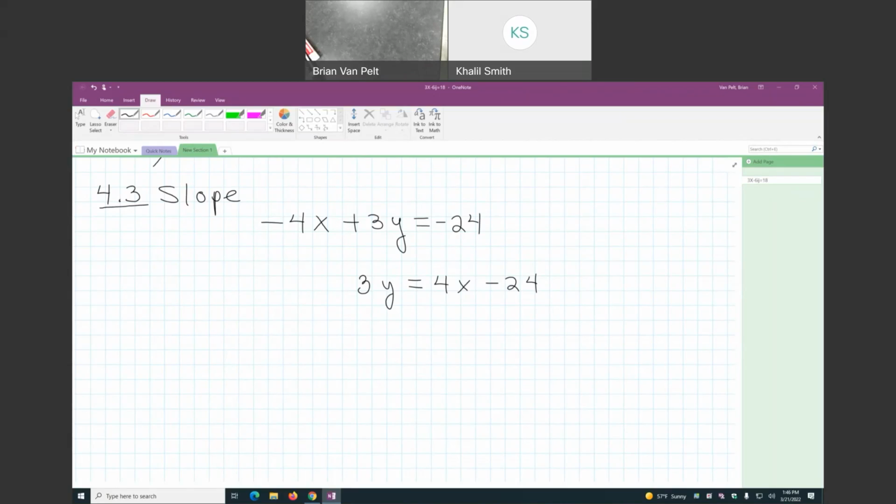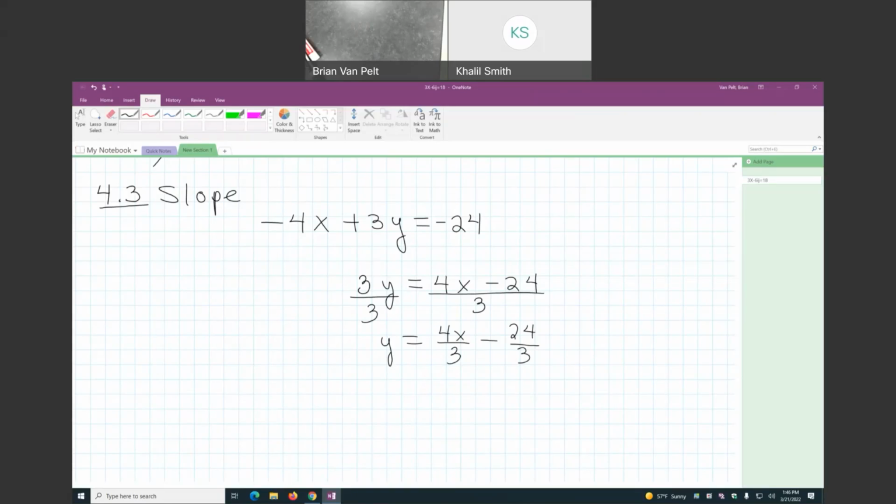You guys see that? The next thing I'm going to do is important. I'm going to divide. I'm solving for y. I'm going to divide both sides of the equation by 3. Now I'm going to go one step further here and break that fraction into 2 pieces.